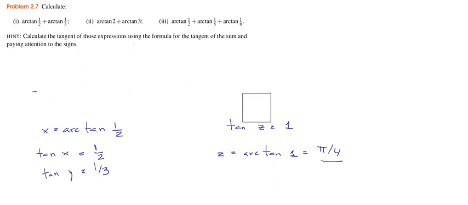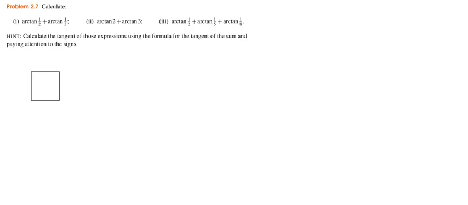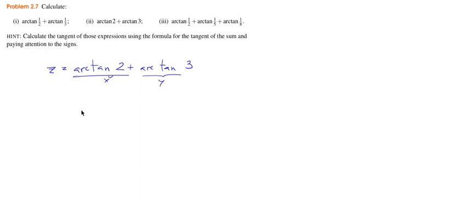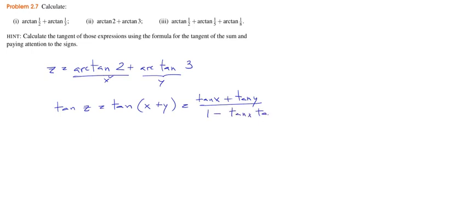Now the second part is just the same thing. We call z the arctangent of 2 plus the arctangent of 3. This is x, this is y, and so the tangent of z is just the tangent of x plus y, and the expression again is tangent of x plus tangent of y over 1 minus tangent of x times tangent of y.